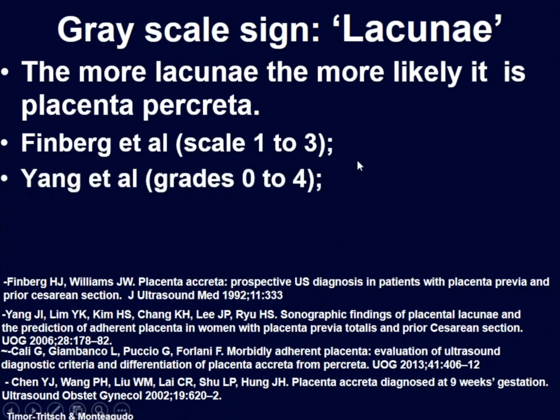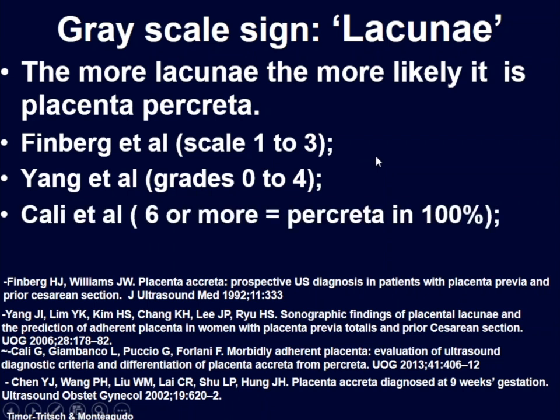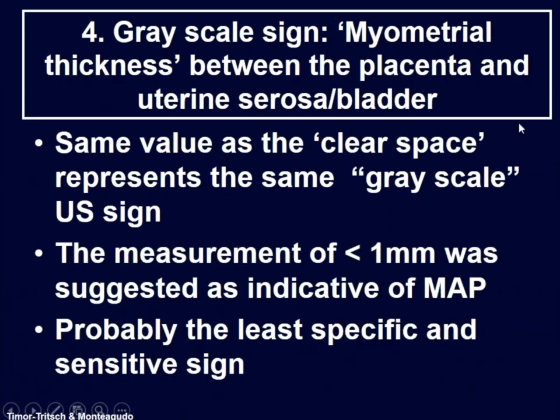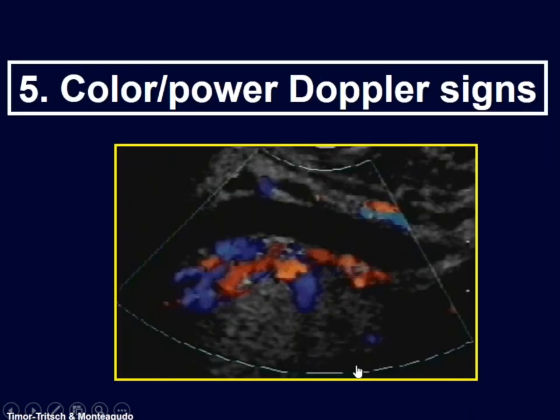Young graded them from 0 to 4, and Cali said that 6 or more being present in a placenta is equivalent to percreta in 100% of the cases. The myometrial thickness between the placenta and uterine serosa has the same value as the clear space. A measurement of less than 1 millimeter is indicative of a morbidly adherent placenta, and it is probably the least specific and least sensitive sign.